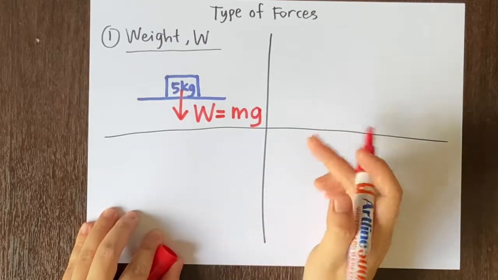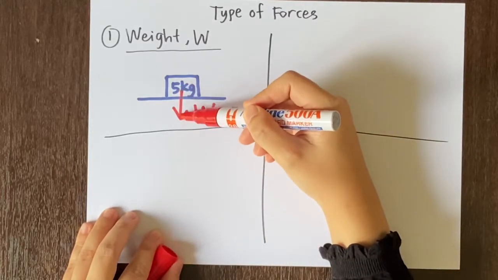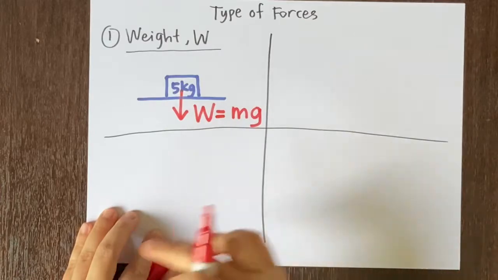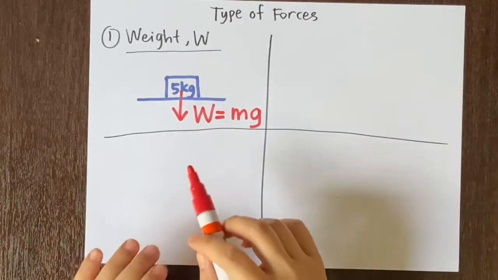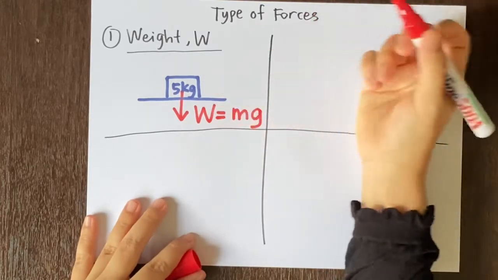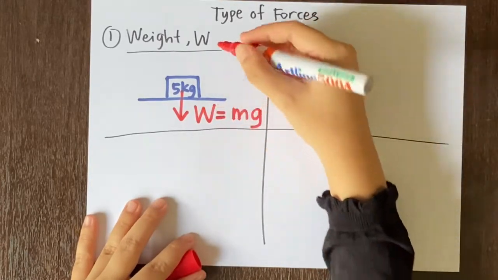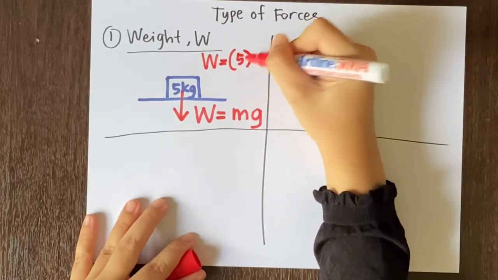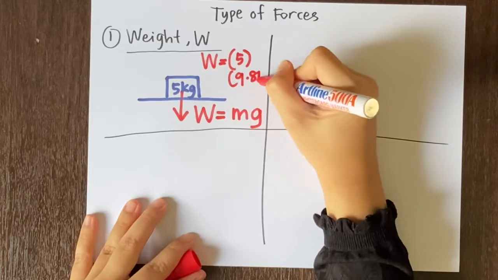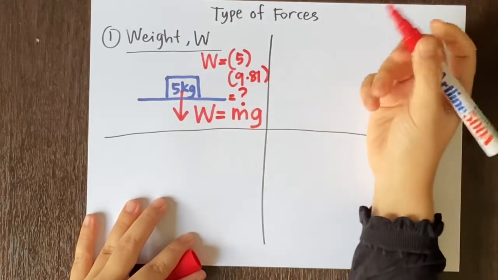Why is there no negative? Because you already put the direction downward. In calculation, we will put the negative in the equation itself. So weight is equal to mg. Weight is equal to mass, 5 kilo, times 9.81.